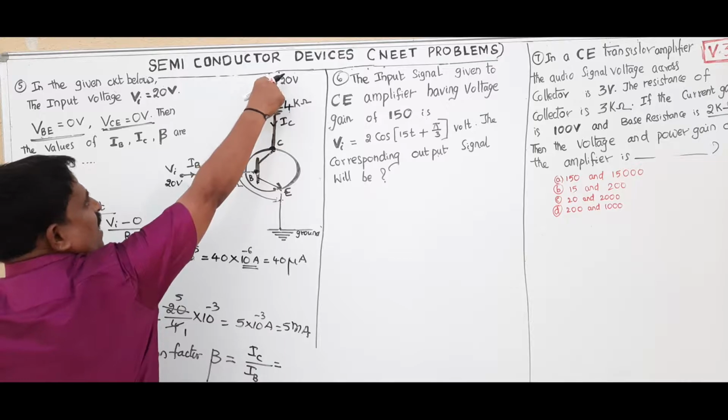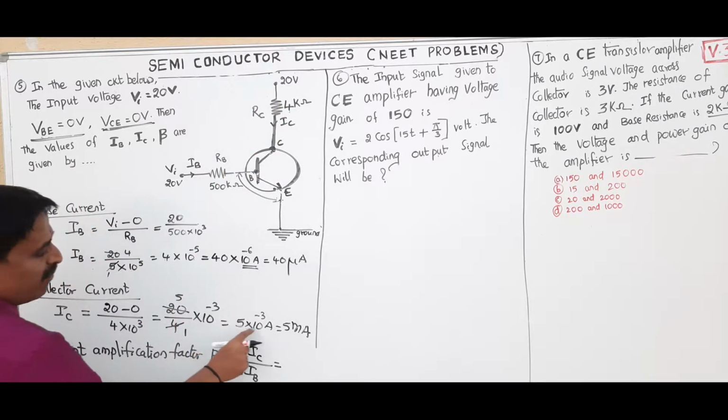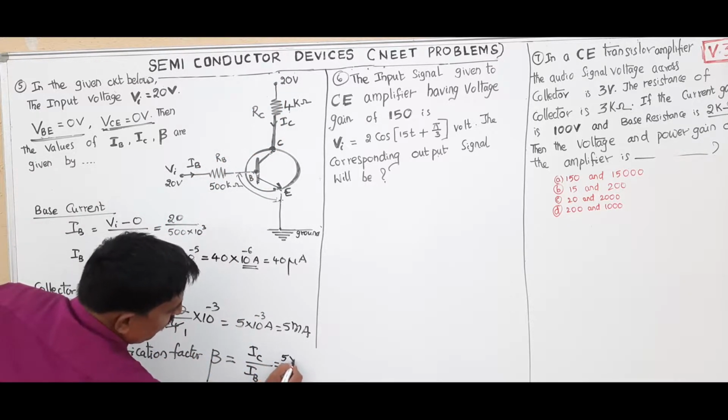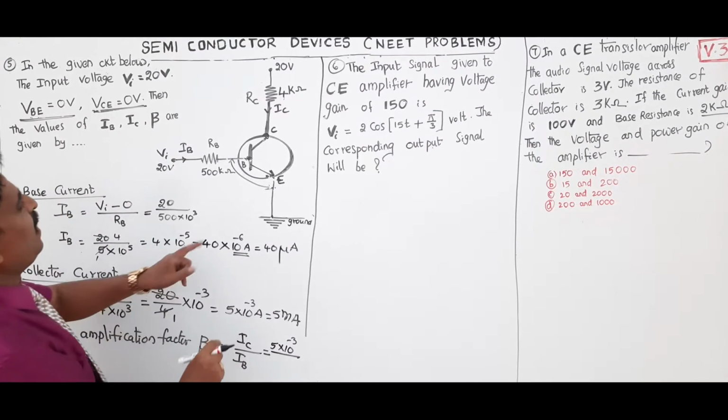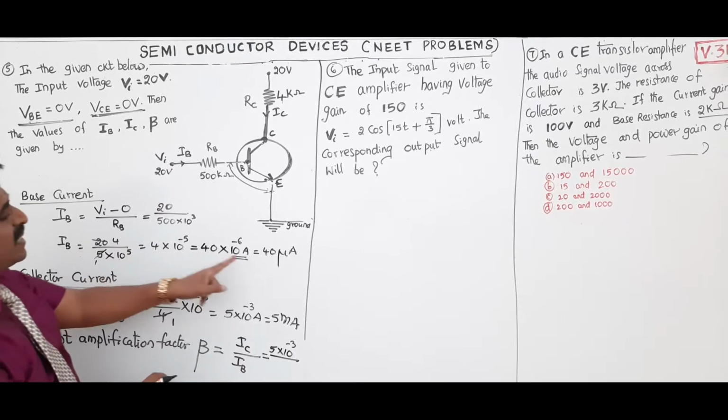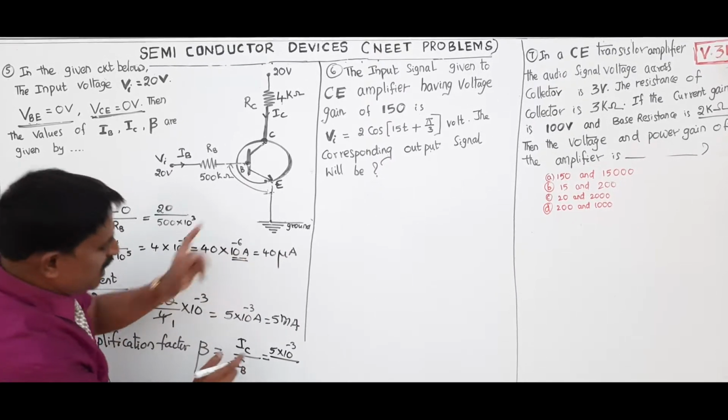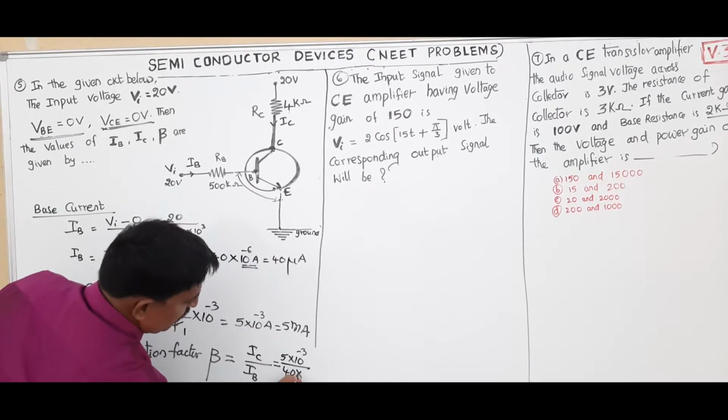IC is the current through the collector, 5 into 10 power minus 3, divided by IB, the current through the base, 40 into 10 power minus 6.